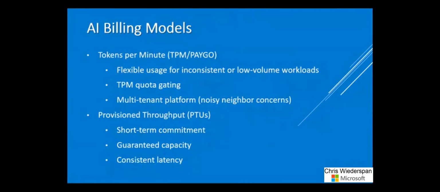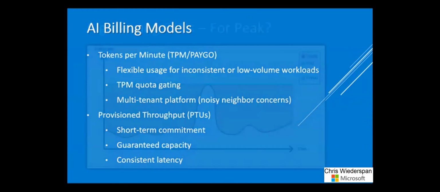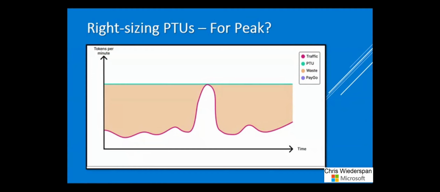It's more expensive, and you're committing a month at a time. The reason it's important to understand those two is you need to architect for that. Microsoft is pretty keen to tell our customers that if you're running production-grade GenAI apps inside of Azure, you probably should be using PTUs. That gives you the predictability and reliability you're looking for.